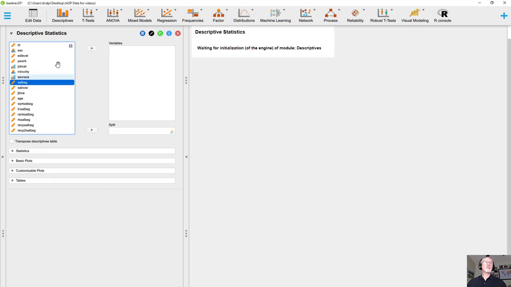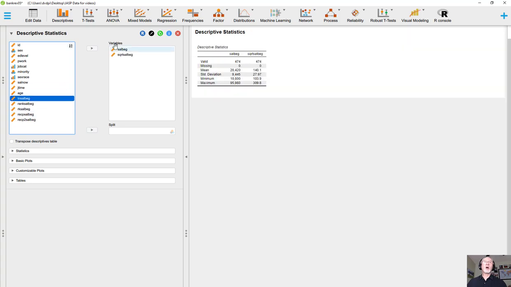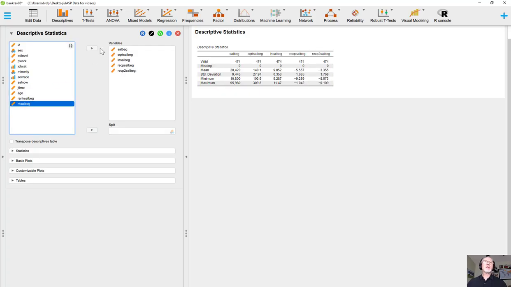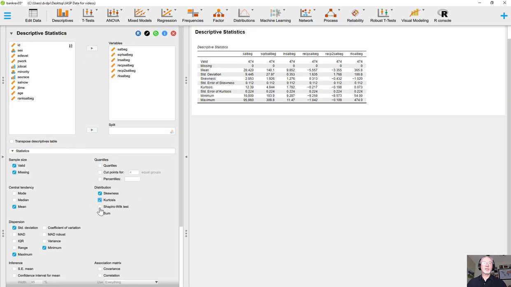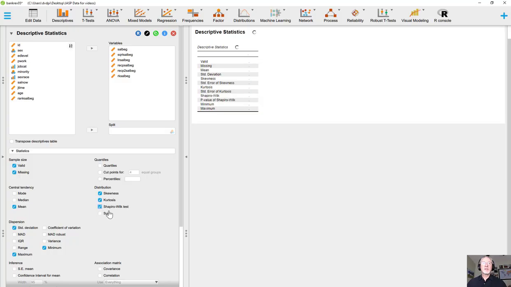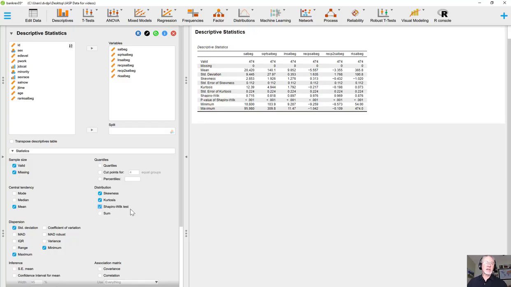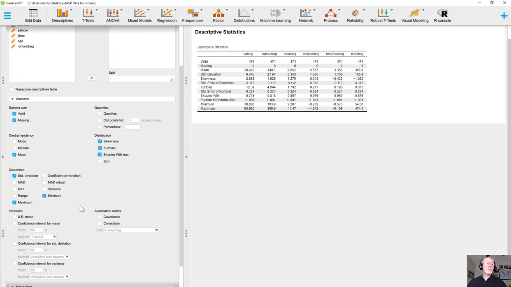We're going to do this for salary beginning, the square root of that, the log, the reciprocal squared, and the rank. For my statistics, I want to get skewness and kurtosis and the Shapiro-Wilk test of normality.